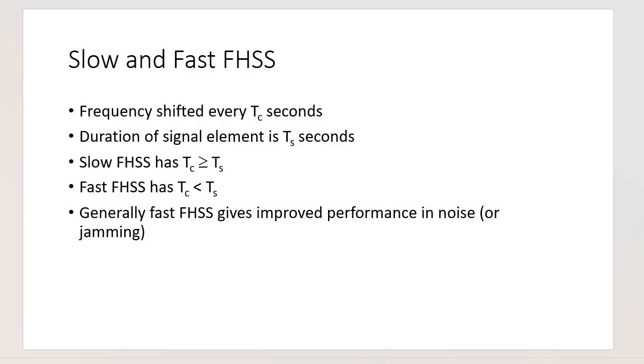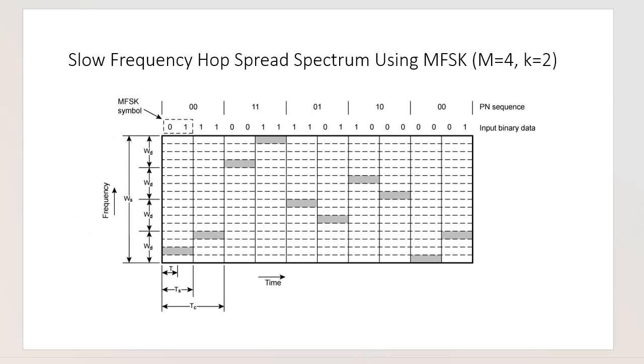In slow frequency hopping spread spectrum, the frequency hop duration is longer than the signal symbol duration. In fast frequency hopping spread spectrum, the frequency hop duration is shorter than the signal symbol duration, and it provides better resistance to noise and jamming.